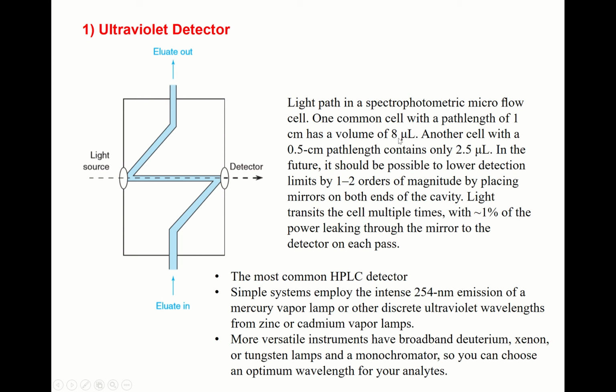Okay, and 1 centimeter path length is the standard cell for absorption spectroscopy. And since the channel is a microchannel, the volume is quite small, here less than 10 microliters. Another cell with a 0.5 centimeter path length contains less, yeah, if we decrease the path length, then you can still decrease the volume.